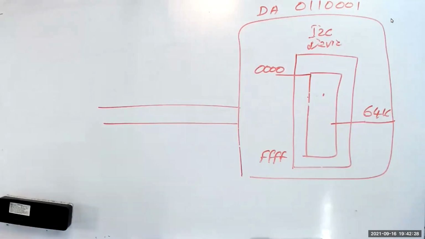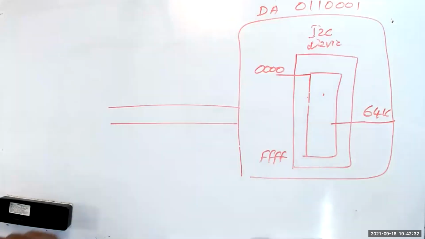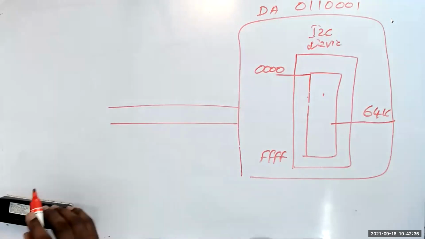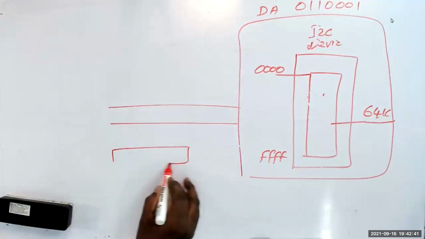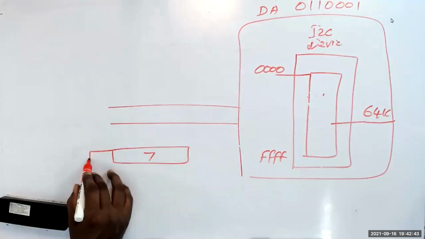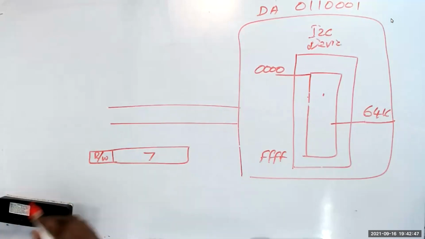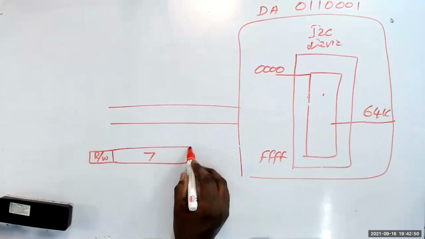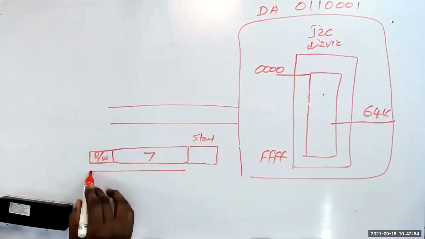Okay, the device address is 7-bit. So this 7-bit is used to select the device. Then I have a read or write. That's what we said. This constitutes the first byte. After you send the start, the first byte tells you the device.